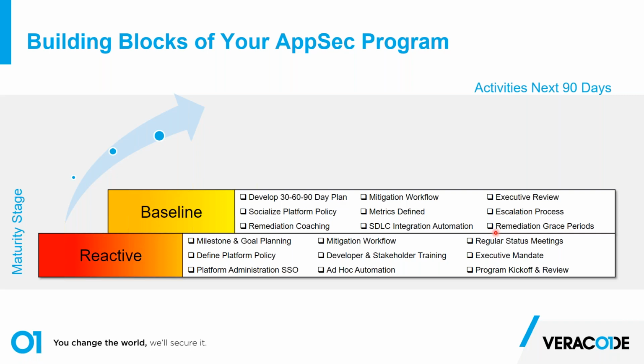And it's silly to think that a development team writing insecure code is going to know how to fix that code without any help or training. So a key piece of a program is having some remediation expertise, whether that's remediation coaching or consultation calls.